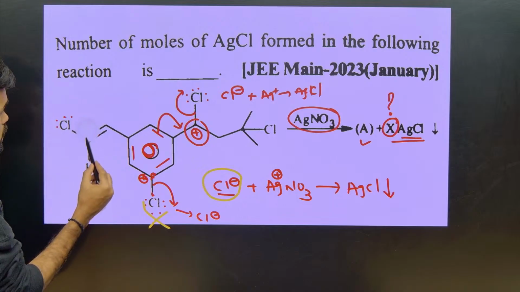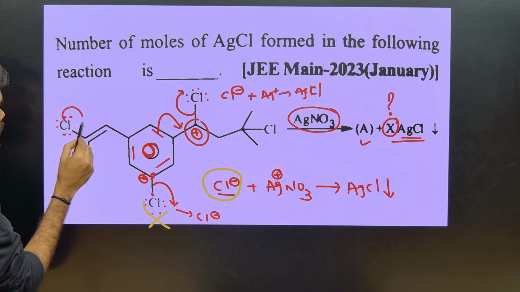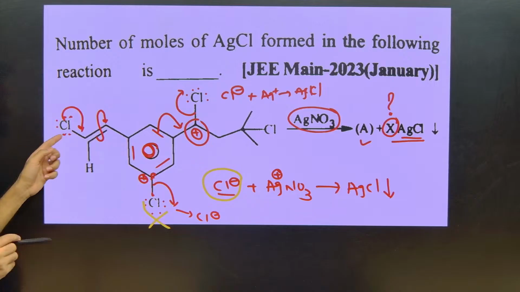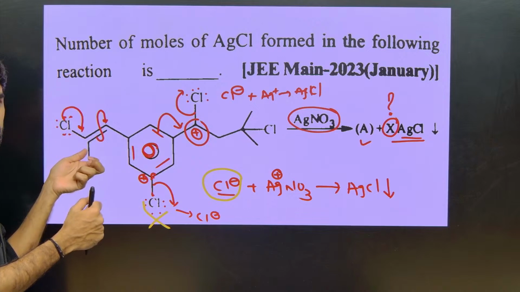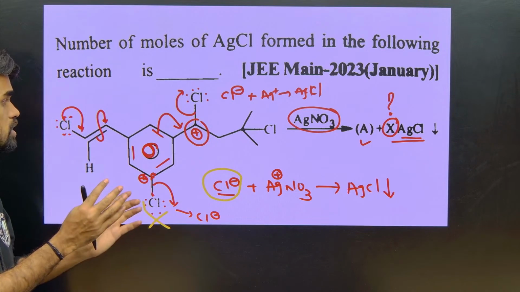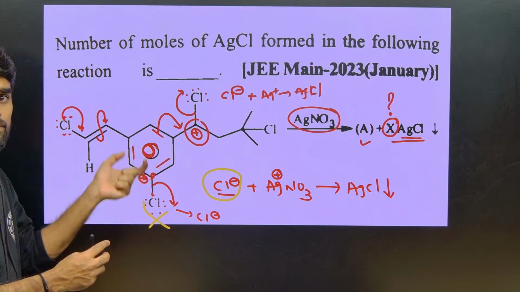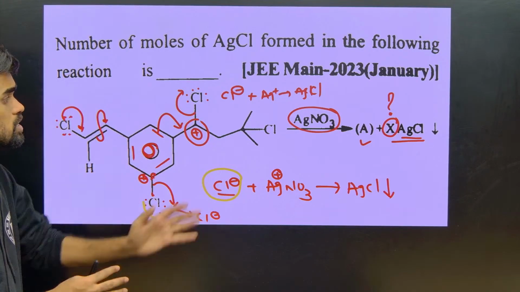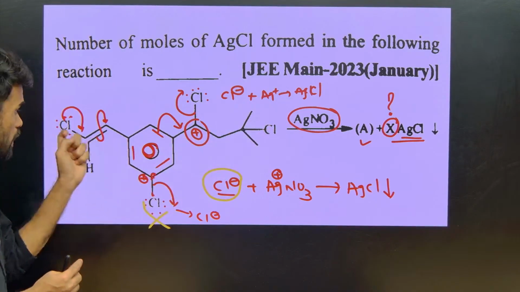And one more thing: here we have lone pair electrons on chlorine, which will be in conjugation with the ring pi electrons like this. Therefore it also shows a strong bond towards this carbon atom. Vinyl halides will not show reaction towards AgNO3, and phenyl halides also will not show reaction towards AgNO3. They will not form a precipitate. Hope it is also clear.